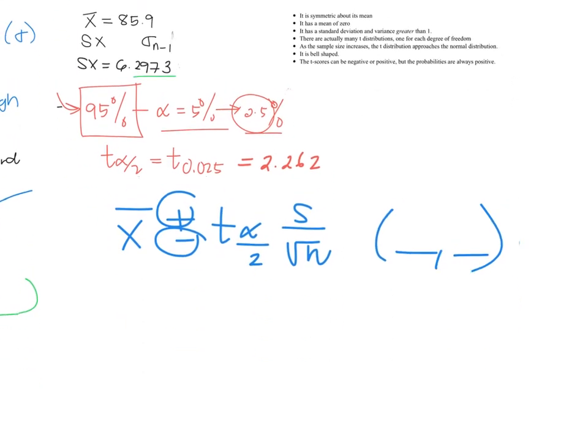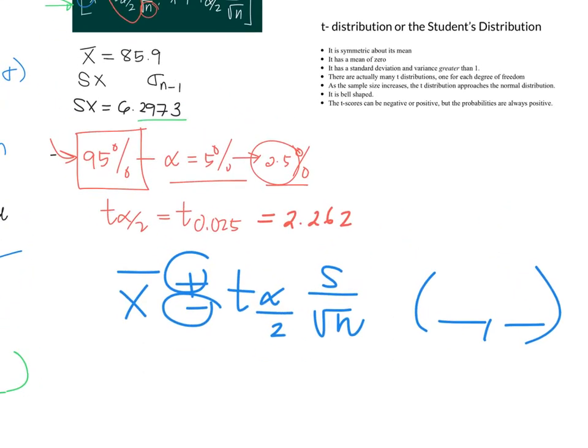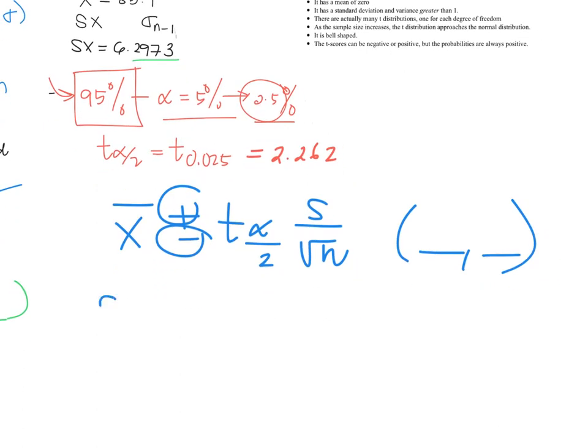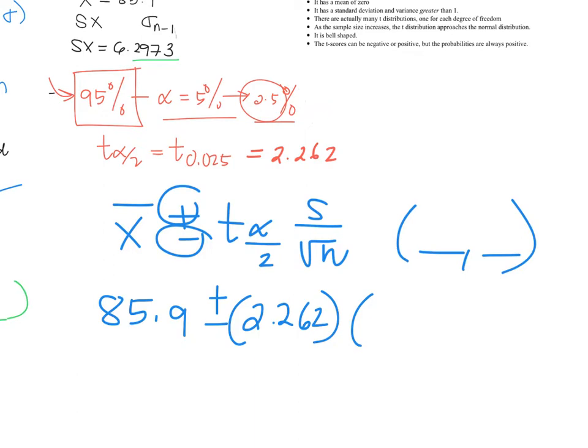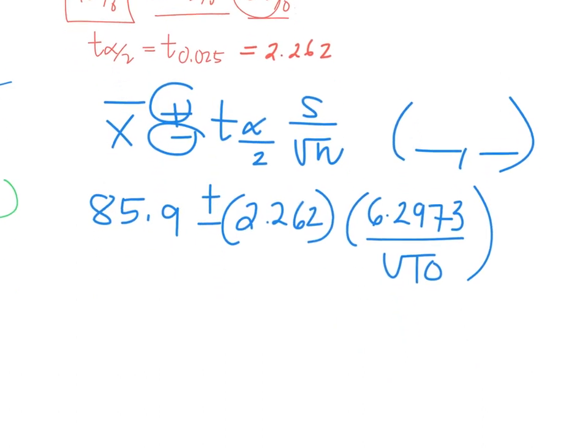So let's place the values. We have x bar to be 85.9 plus and minus the t of alpha over 2, which is 2.262. The sample standard deviation is 6.2973, and then over the square root of sample size, which is 10. And we are ready to compute.